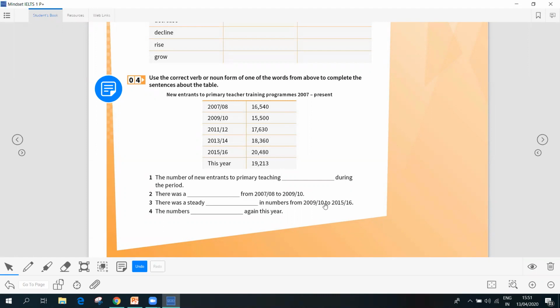You need to fill in the sentences with the correct verb or noun form. In level 2, you've learned noun phrases and verb phrases. Yeah, but here they're asking you to just write a word in the noun form or in the verb form. Okay, so let me show you a PowerPoint to explain this in detail.